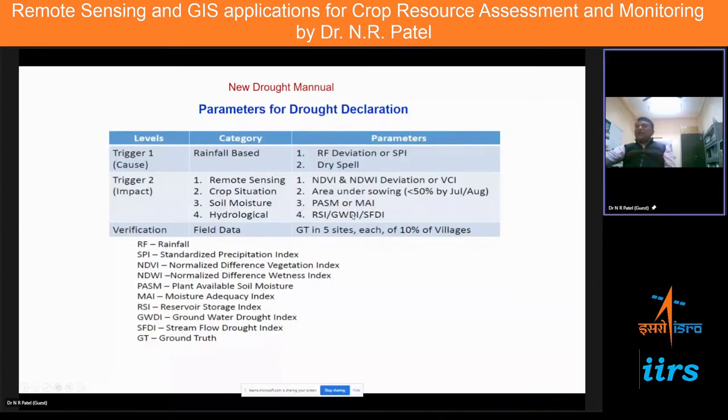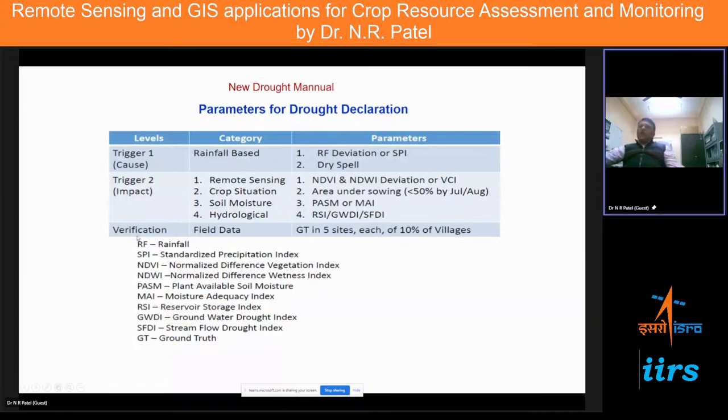Out of 4 criteria, 3 criteria are used to define the drought, the second trigger, whether it is a severe drought or moderate drought. If 3 out of 4 criteria meet the severe drought category, then you can classify that particular area as severe drought category. You can reduce this severe category to moderate drought category based on the third approach, called verification.